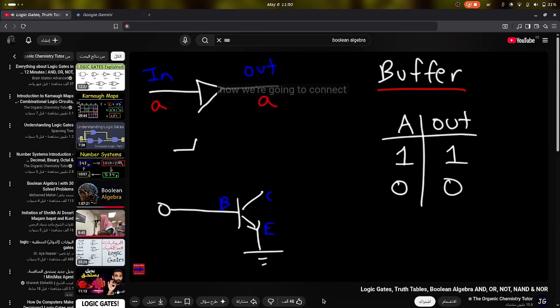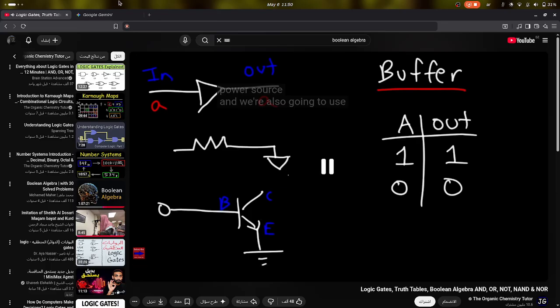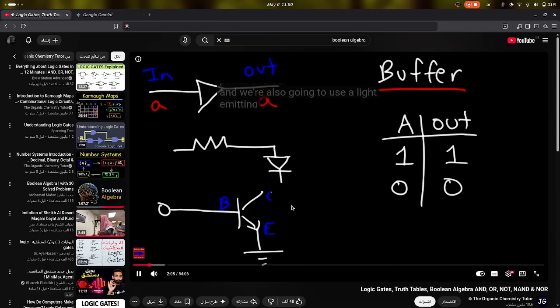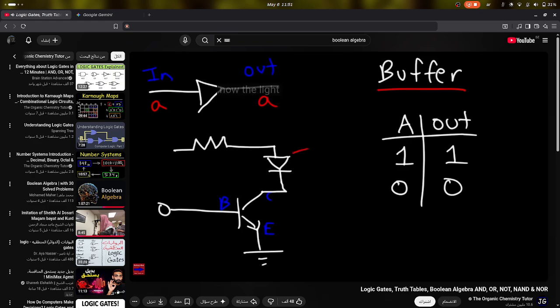Now we're going to connect this to a power source, and we're also going to use a light emitting diode. Now the light emitting diode is going to represent the output of the circuit. And let's connect this to a voltage source. So here is the input, which we'll call input A.